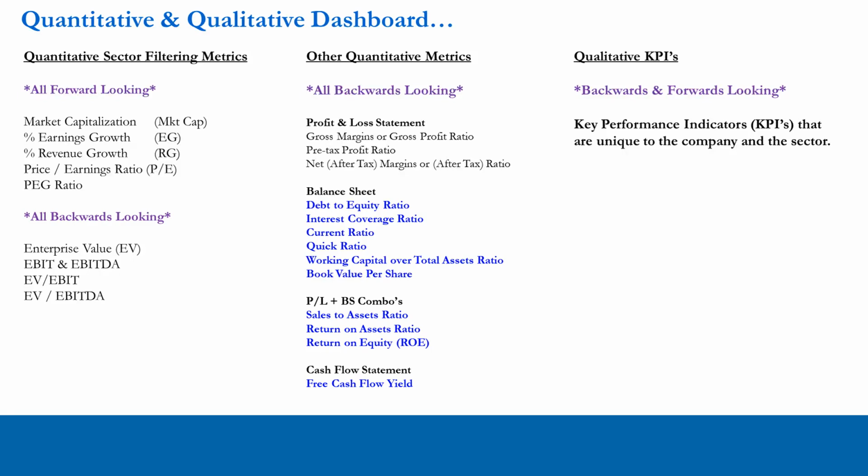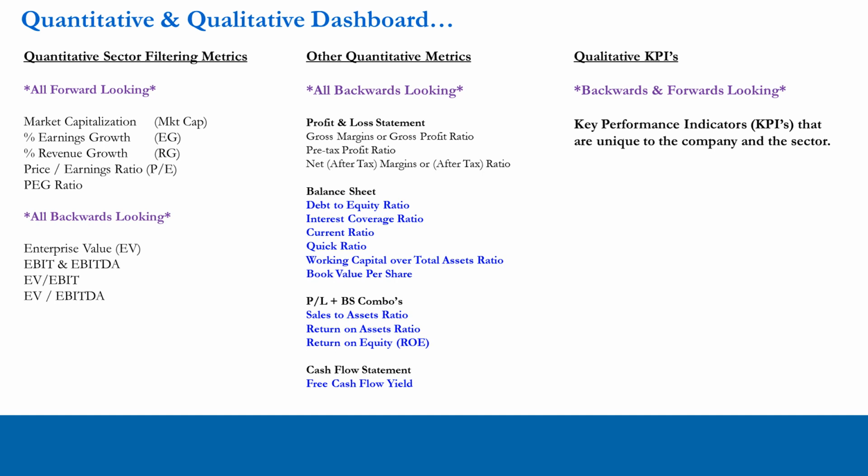So now we are assuming that we've done our work on the left-hand side of the dashboard. So we've been through the identification process of the quant phase, where we've used the filtering metrics of market cap, earnings growth, revenue growth, PE ratio, and PEG ratio.